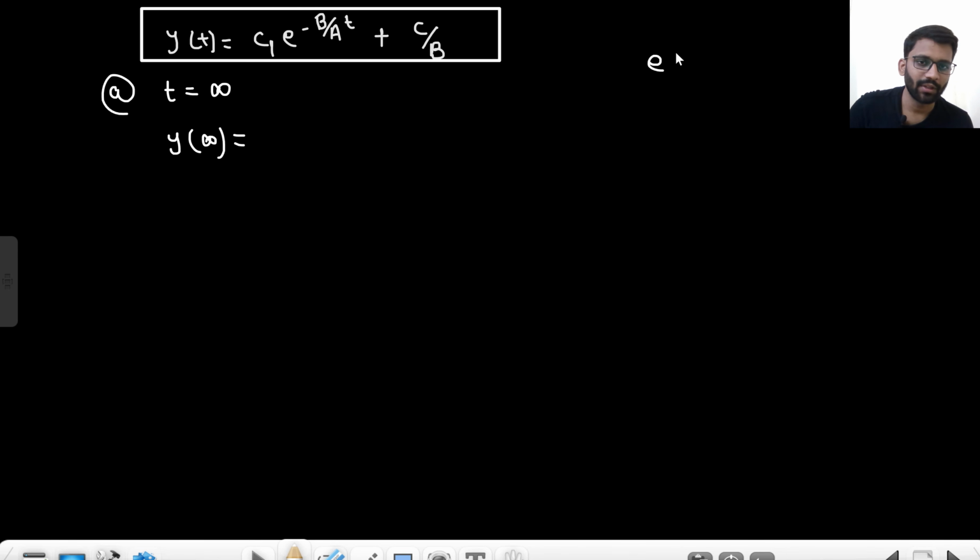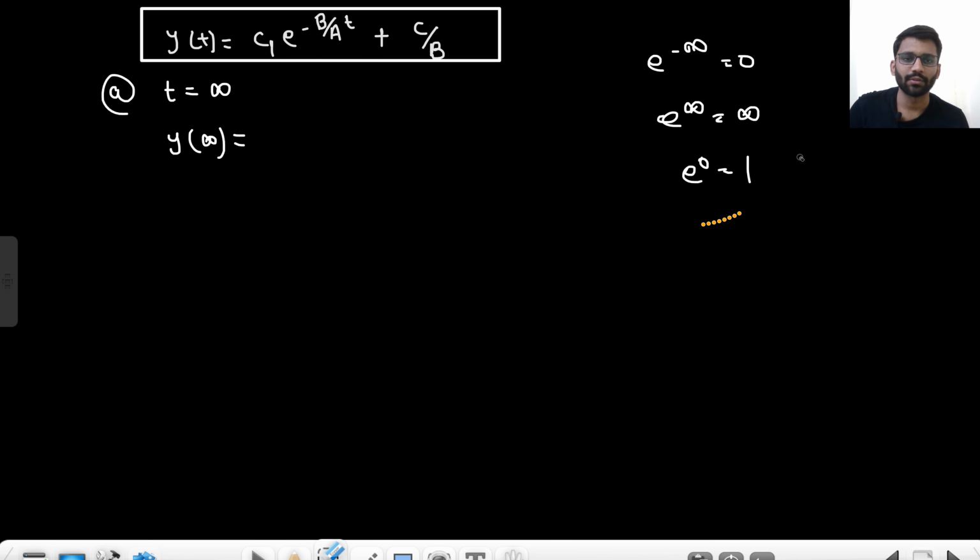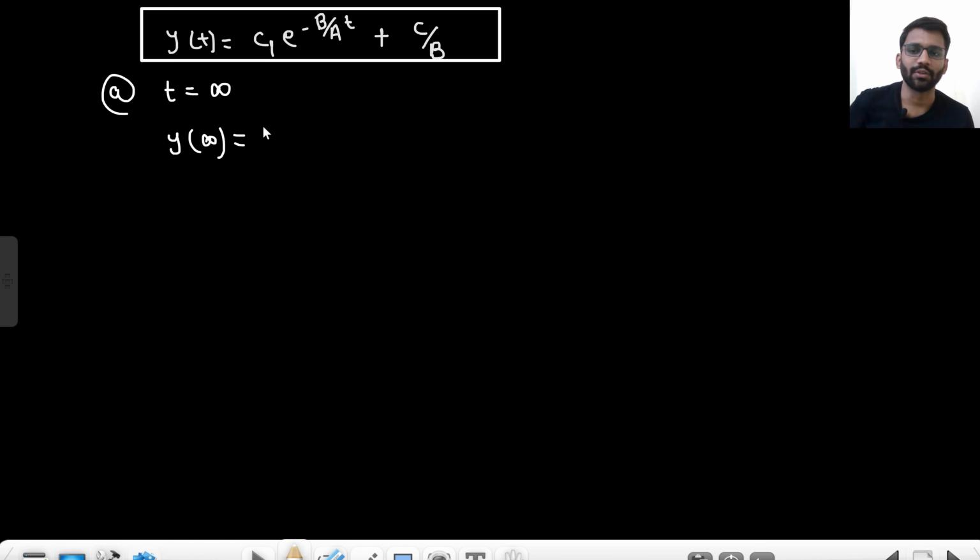I have already told you e to the power minus infinity is 0, e to the power infinity is infinite, e to the power 0 is 1. That's a constant value, so y of infinity is c by b.